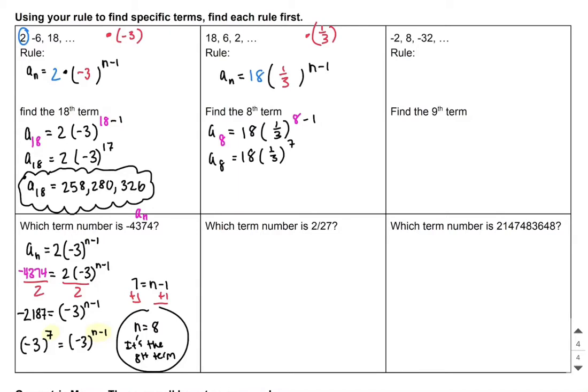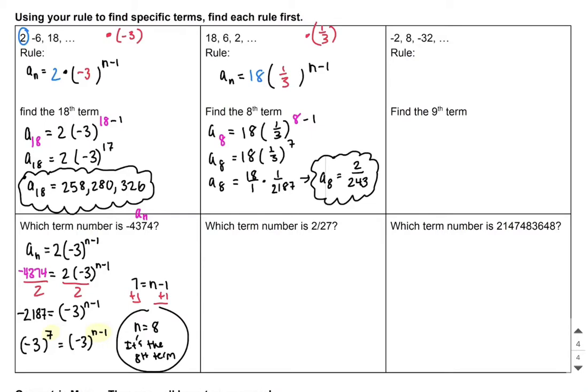I'm going to get a sub 8 is equal to 18 over 1 times 1 over 3 to the 7th power, which is, we just did that, 2,187. And then this simplifies to be a sub 8 is equal to 2 over 243 when you simplify. And that's my answer.